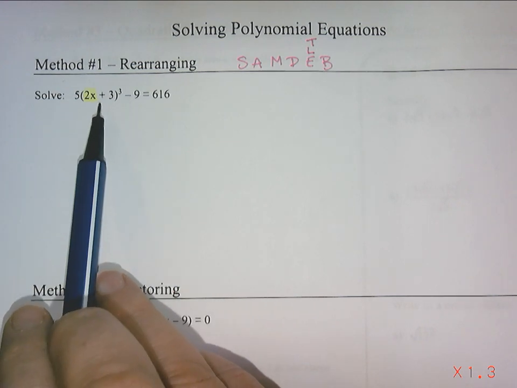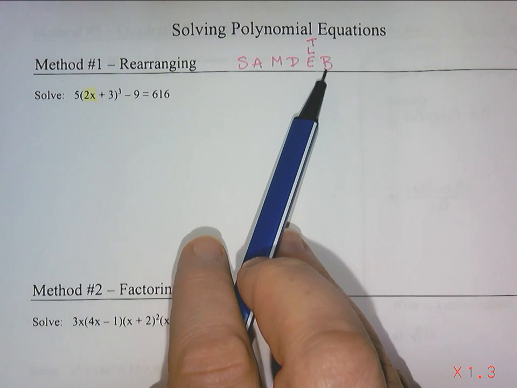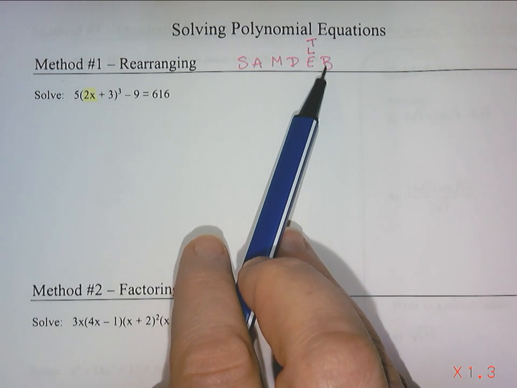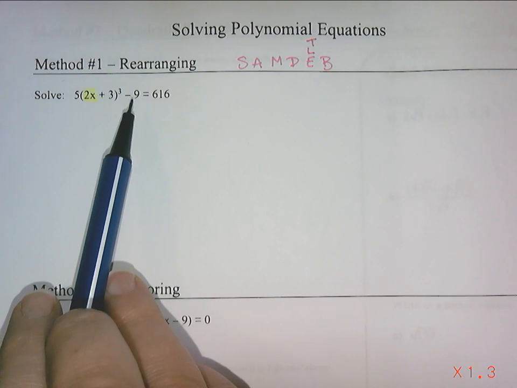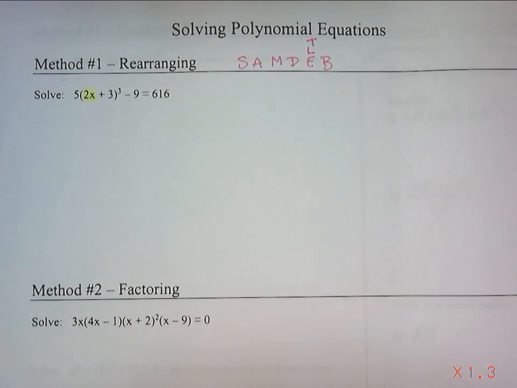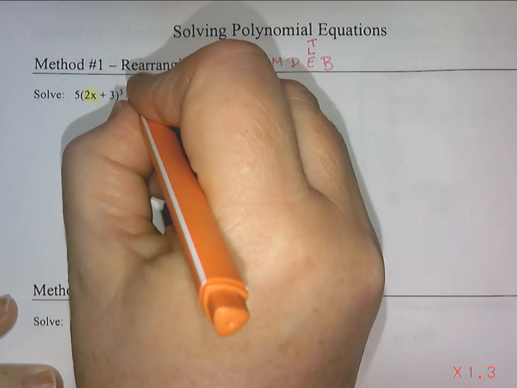The plus 3 is inside of a bracket, and brackets are all the way at the very end of the line when we're doing reverse order of operations. So I can move the minus 9 by adding 9 to both sides, but I can't touch that plus 3 in that bracket until we get to the bracket part.